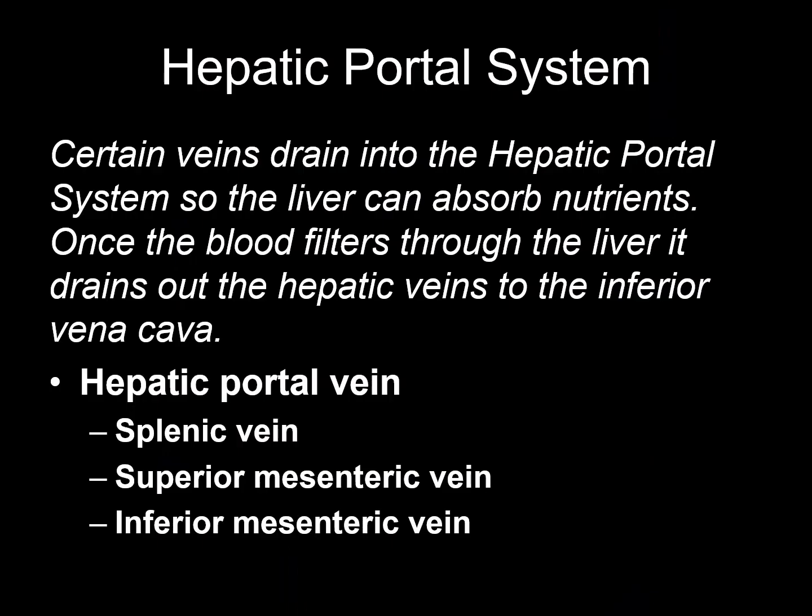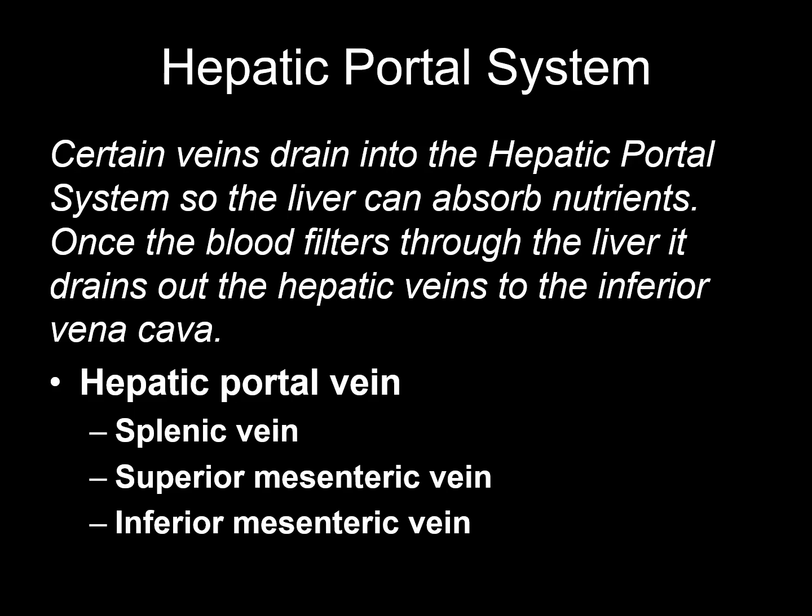Remember I said the liver was very special. We do have a special vessel system in the liver, and it's called the hepatic portal system. Essentially, we pick a couple of veins from our intestines or some organs that are going to contain a lot of nutrients or possible pathogens, and we shuttle all those veins into the liver.